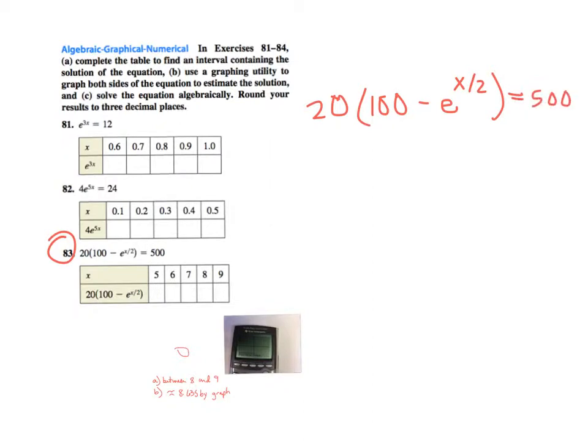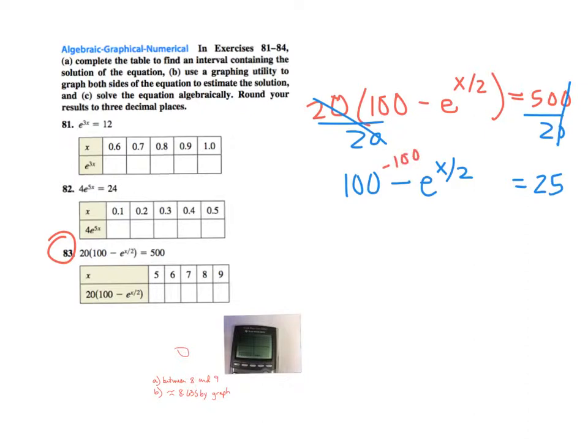The first thing I'm going to do is divide both sides by 20. 20s will cancel, zeros will cancel, I'll have 50 halves or 25 equals 100 minus e to the x over 2. Then I'm going to subtract 100 from both sides, and I will have negative e to the x over 2 equals negative 75.